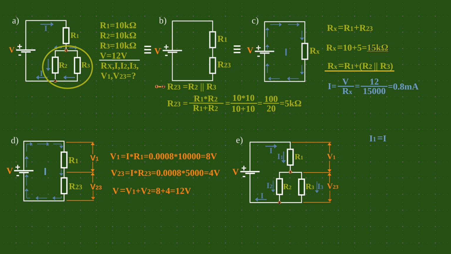Current I1 is in fact current I, and currents I2 and I3 are calculated as follows. With these results, we came to the end of the first part of the video.